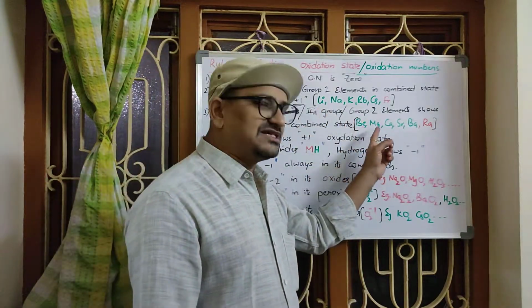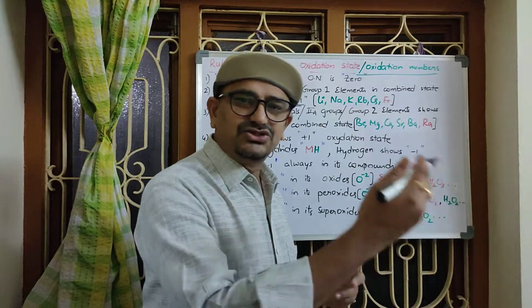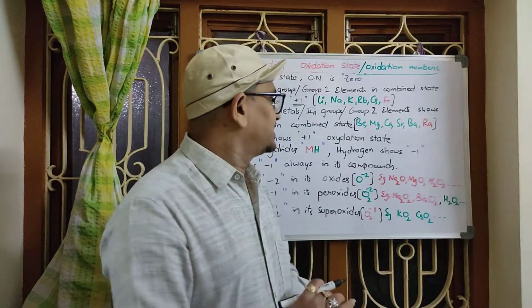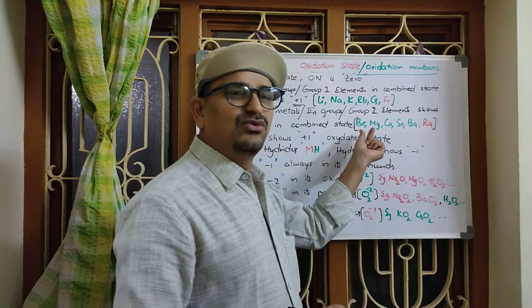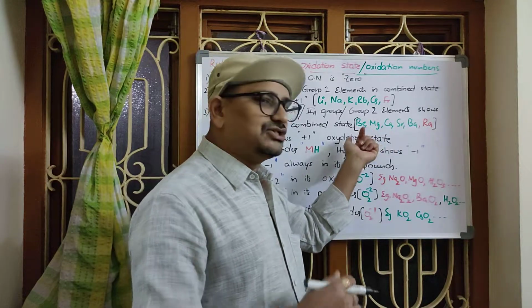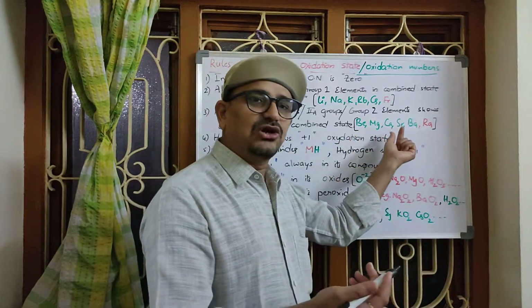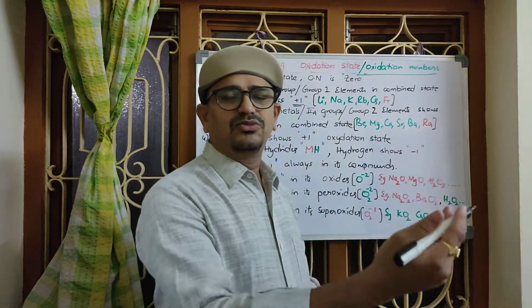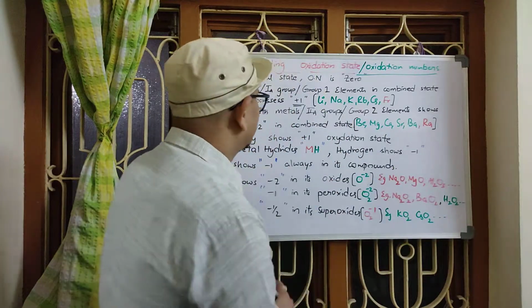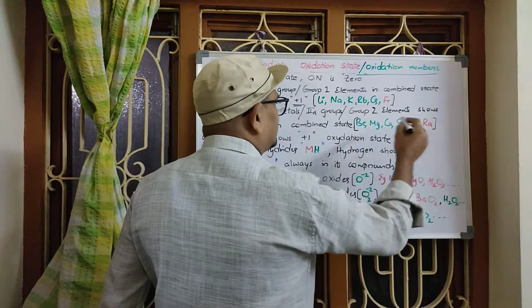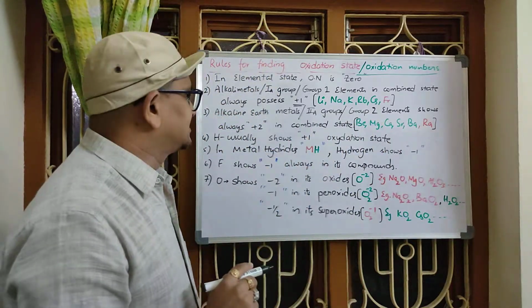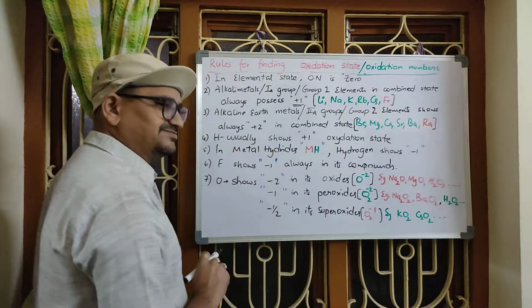There magnesium possesses plus 2, oxygen possesses minus 2 oxidation number. Similarly, beryllium oxide, BeO, Be plus 2, O minus 2. Calcium chloride, Ca2 plus and 2 moles of Cl minus. Like this, in all their compounds, these alkaline earth metals possess plus 2 oxidation state.